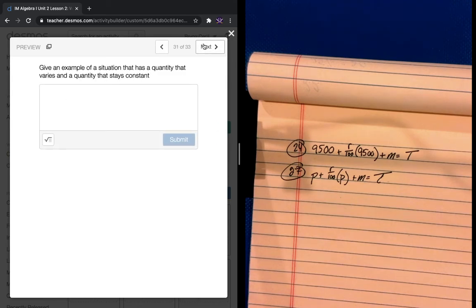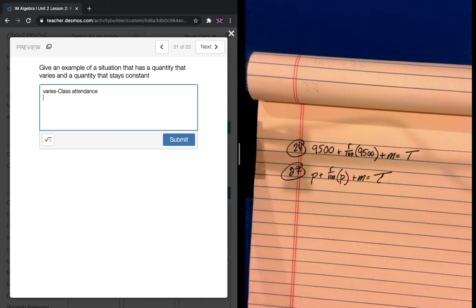Give a situation of a quantity that varies and a quantity that stays consistent. I can tell you right now a quantity that varies. That could be the class attendance. The class that attends, that's always going to vary.